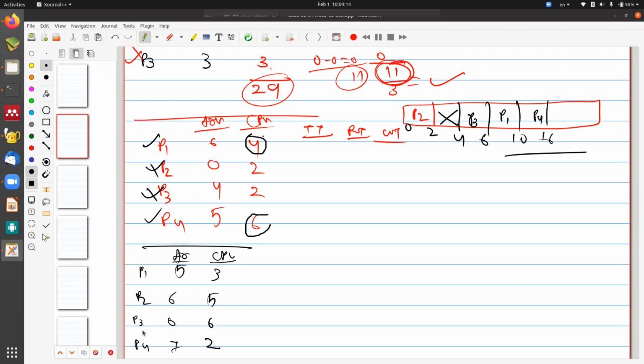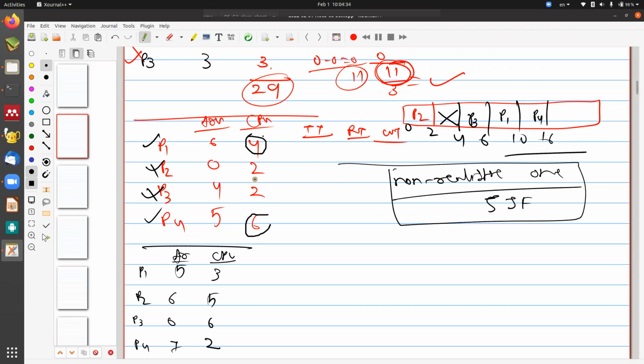No. Sir, I guess it is by the previous record. That's why they are saying SJF is not a realistic one, because we don't know how much CPU time is required.